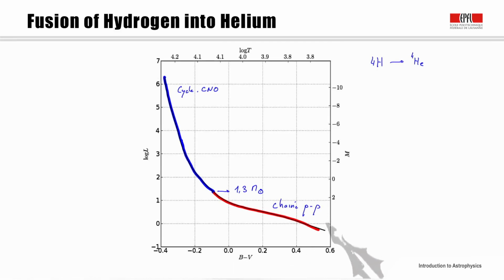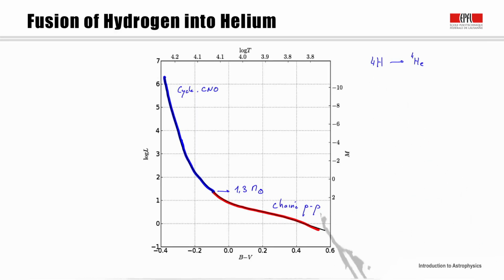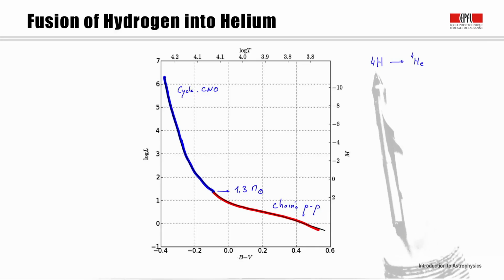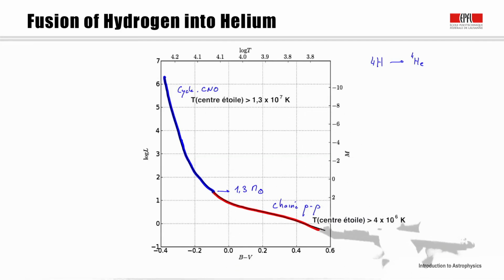Contrary to what the name suggests, the CNO cycle produces neither carbon, nitrogen, nor oxygen. The proton-proton chain involves essentially protons, but the outcome of both reactions is the fusion of 4 hydrogen nuclei into 1 helium nucleus. The CNO cycle requires higher temperatures than the proton-proton cycle.